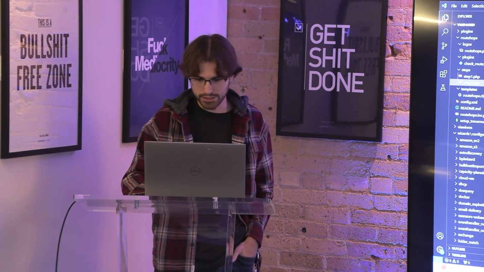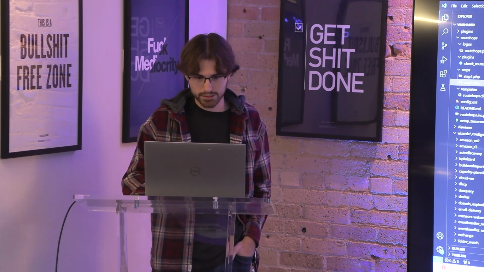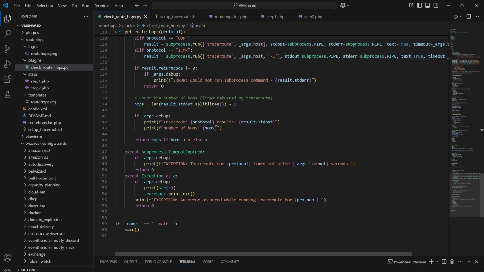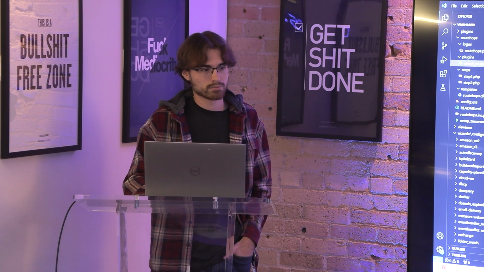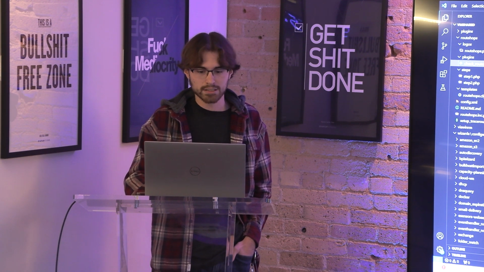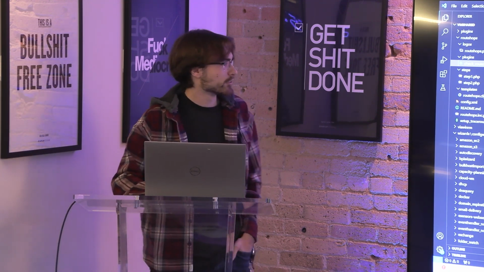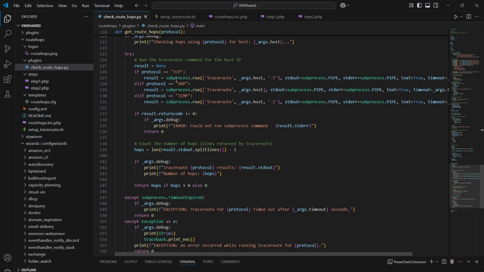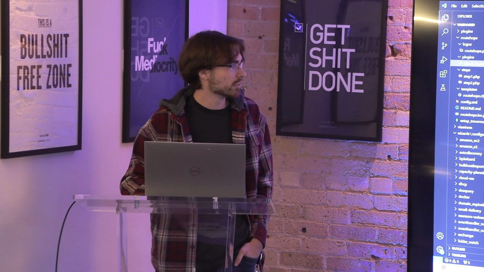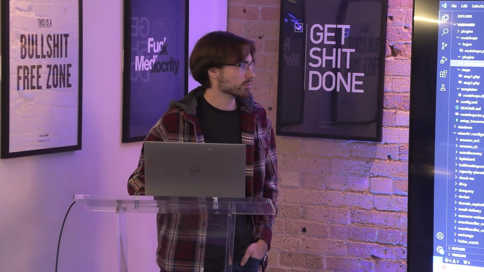Oh, so you're always using the traceroute tool, but you're telling traceroute to use ICMP or UDP or TCP. Exactly. Oh, okay. So traceroute is figuring out how to do that. Yeah. So for UDP, I just run regular traceroute, and then for TCP, I run it with the -T argument, and then for ICMP, I run it with the -I.